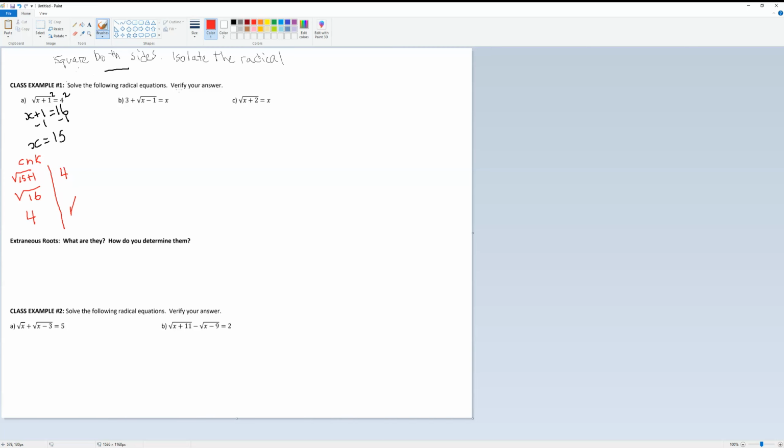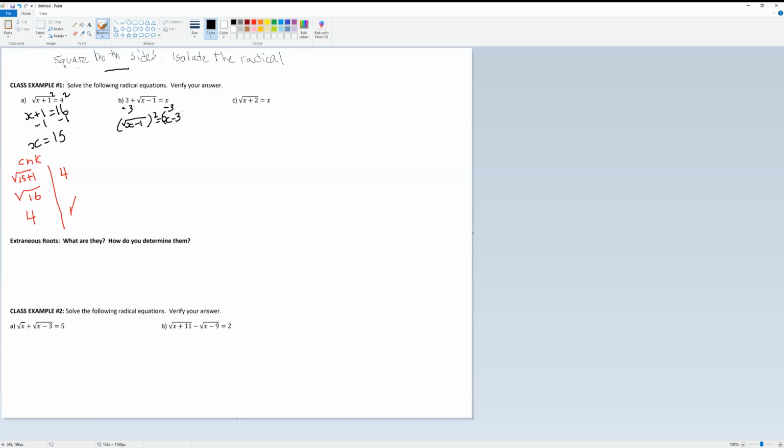Remember how it said isolate the radical first? Well, in this instance, that's going to come in handy. So we want to just isolate this radical. We've got to move this 3 to the other side. So I'm going to subtract 3 from each side and get the square root of x minus 1 equaling x minus 3. Now I'm going to square both sides of the equation.